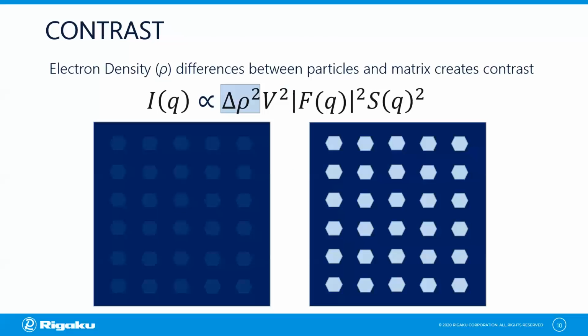Another thing that contributes to the scattering intensity is the electron density contrast. And we see the intensity is proportional to the square of that electron density difference. And that tells us if there is no difference in the electron density between our protein or molecule of interest and the buffer condition or matrix, then we're not going to see any contribution from it in the intensity.